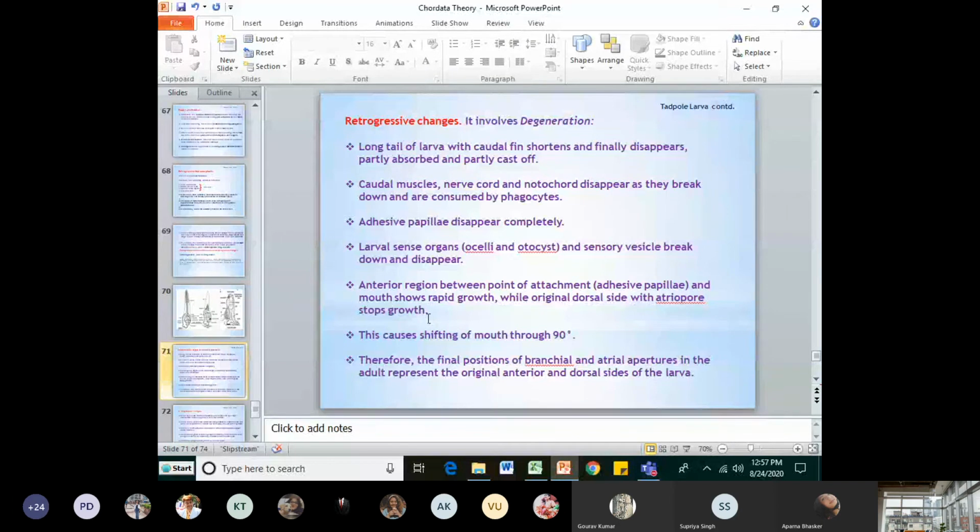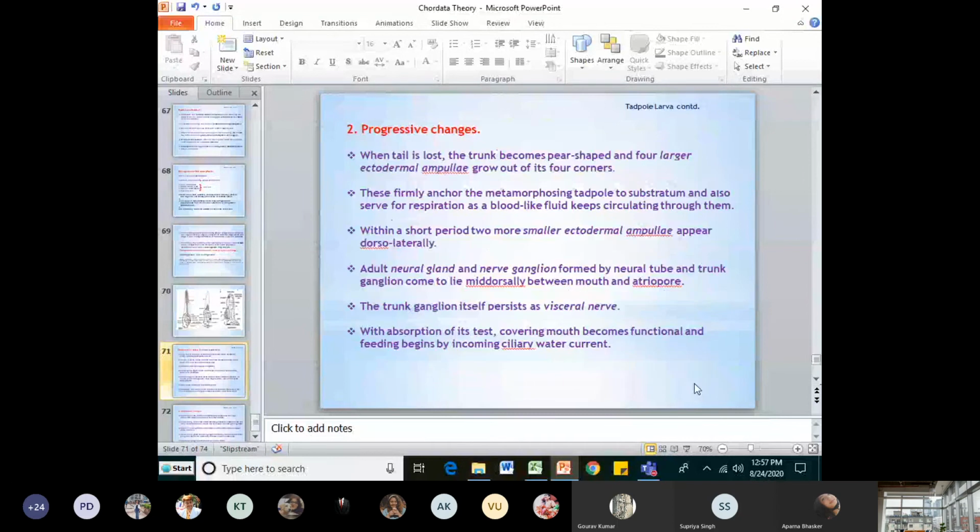So this lopsided growth of one part of the body forms that kind of symmetry in the adult urochordates. This causes shifting of the mouth through 90 degrees, and therefore the final position of the branchial and atrial aperture in the adult represents the original anterior and dorsal side of the larva.